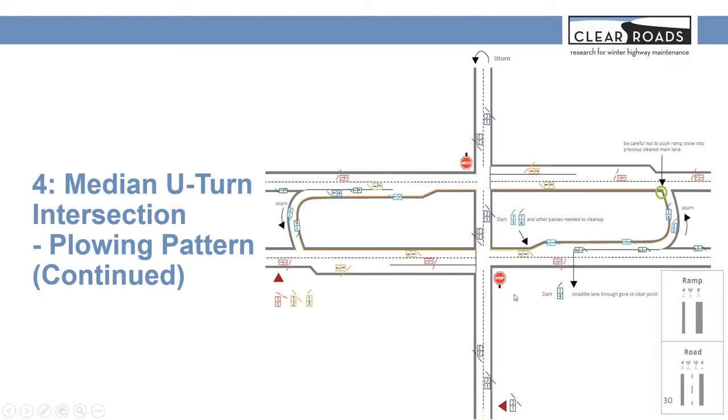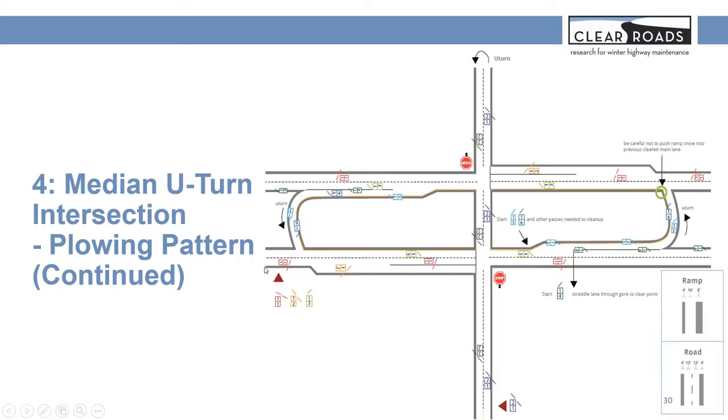The minor road is very simple, so just have track number 2 go 2 passes. So use the front plow and the right wing plow, push snow to the right to go across and turn around to clear the other direction. So it's done. Track number 1 handles the major road.